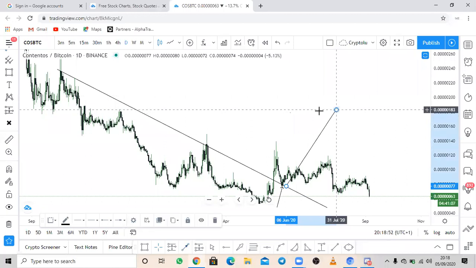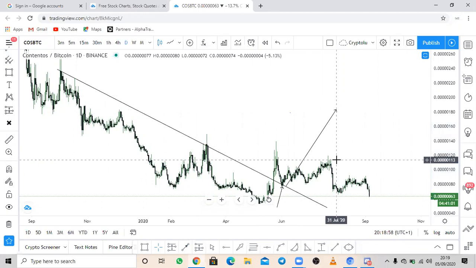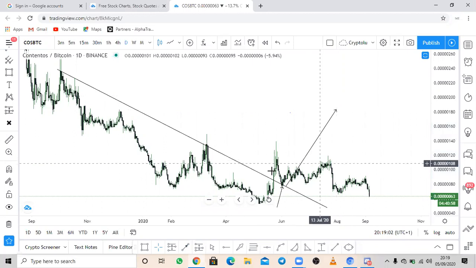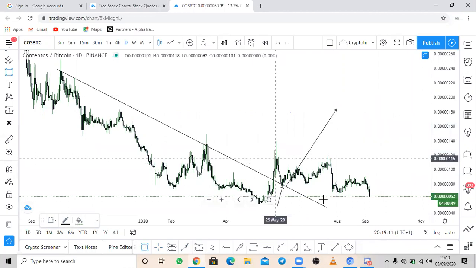But this one broke out and started going down from here. So what I'm looking at is that we are still at the point of breakout. We're still more like in a range here.